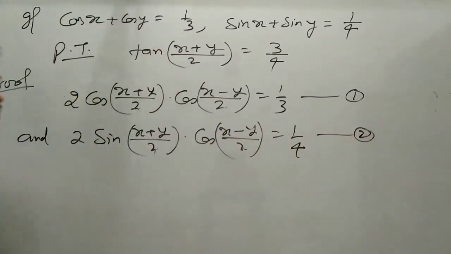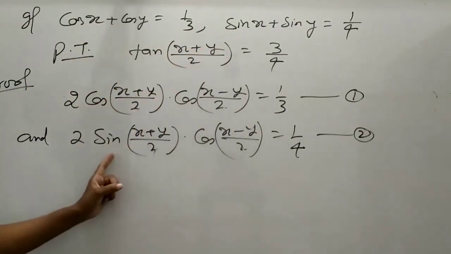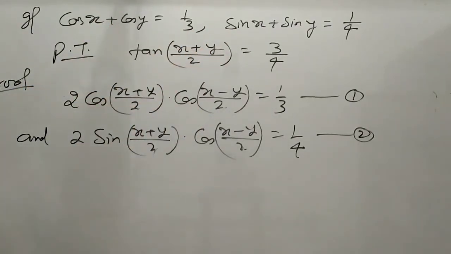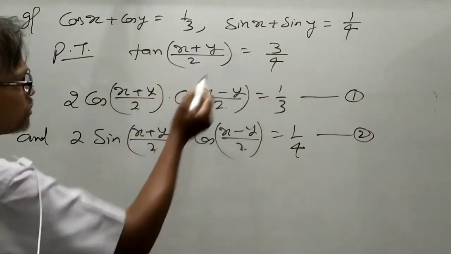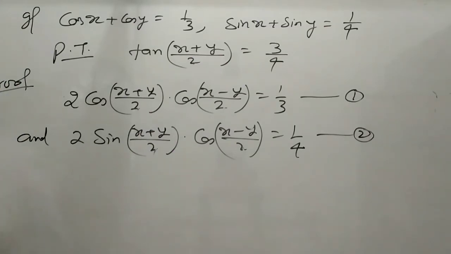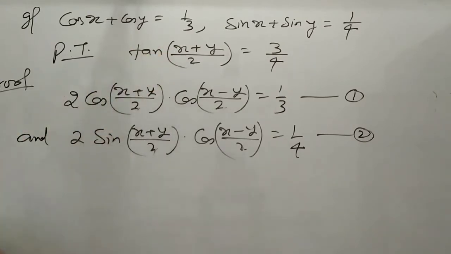This is equation number 2, and that is equation number 1. Now if you see what you have to prove, tan (x plus y) by 2 is equal to 3 by 4, it means you have to divide these two equations to get this one.